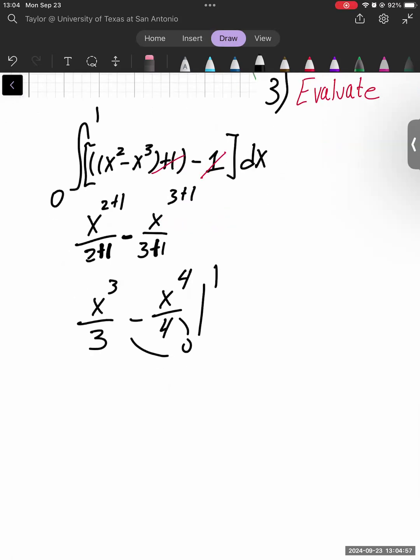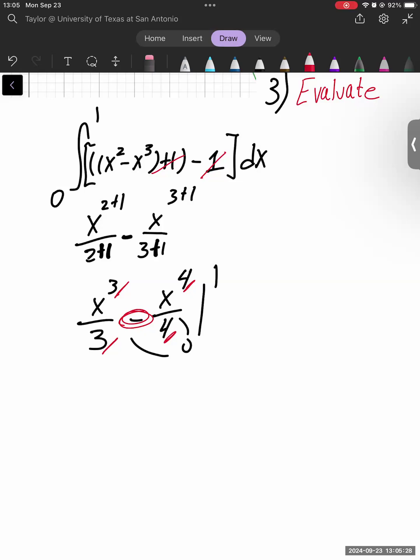Can you cancel the 3s and the 4s? Are you saying, can I cancel these, or these? The powers or the fractions? The power and the denominator? So not quite. Same base, but in this case, we're subtracting. The rules for exponents are a little bit different for addition and subtraction compared to multiplication and division.